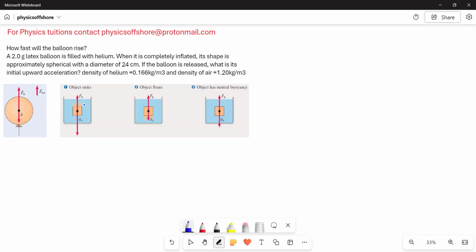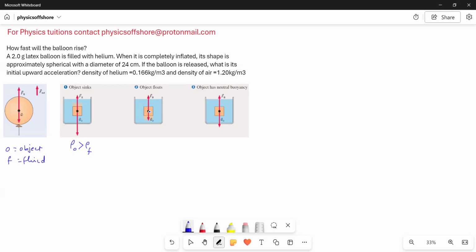That means the density of the object is greater than the density of the fluid, where O is the object and F is the fluid. Remember, the weight of the object is greater than the weight of the fluid it displaced, then it sinks.